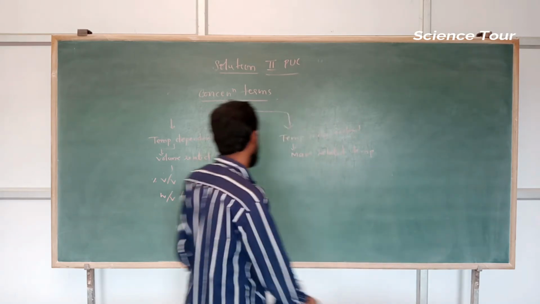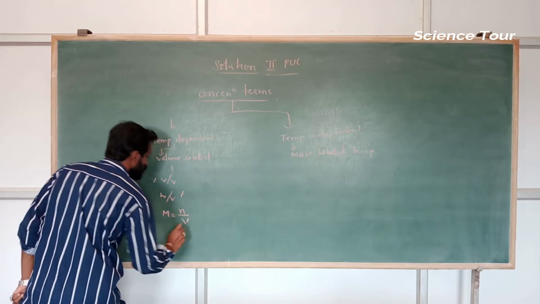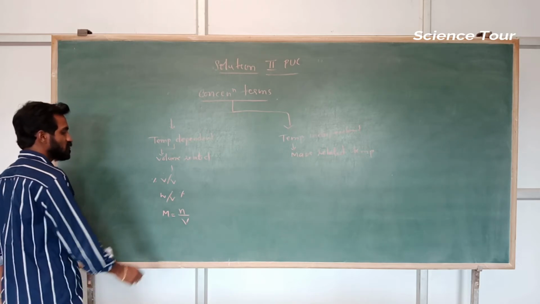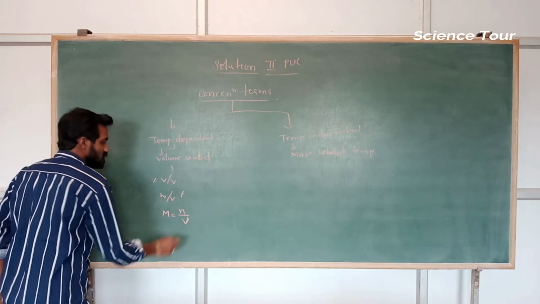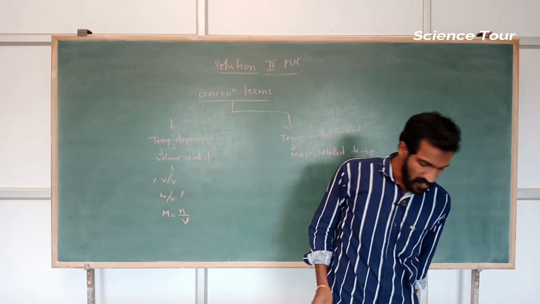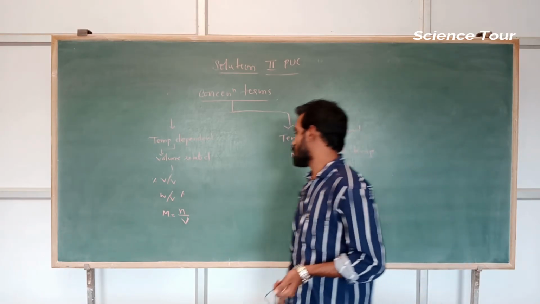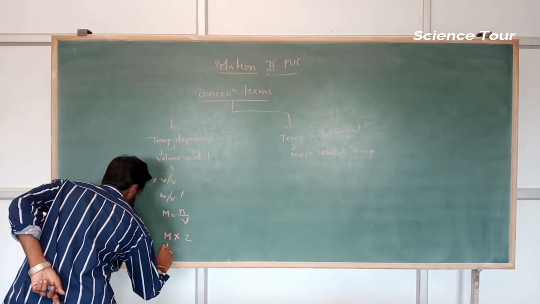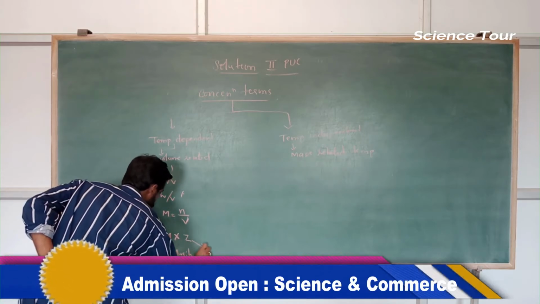Then it is molarity. Molarity is nothing but number of moles divided by volume in liter. Correct? In liter or ml. So n by V, you can see here V. V is the volume factor. Volume factor is temperature dependent. And next is normality. Normality is M into Z, where M is molarity and Z is the valency factor.